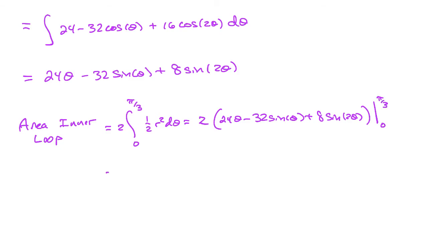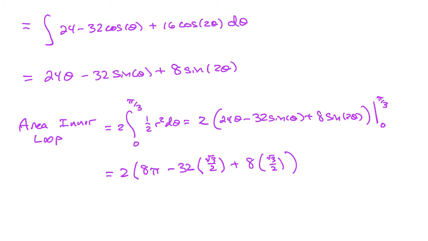So evaluating this, what we then have is 2 times an 8 pi minus 32 times the sine of pi over 3. Well, our sine of pi over 3 is going to give us a root 3 over 2, plus 8 sine of 2 pi over 3, and since 2 pi over 3 is in quadrant 2, sine is still going to be positive, so we end up with another root 3 over 2.